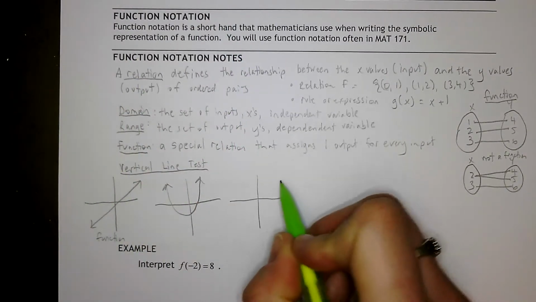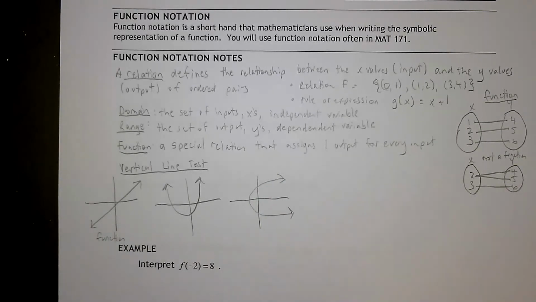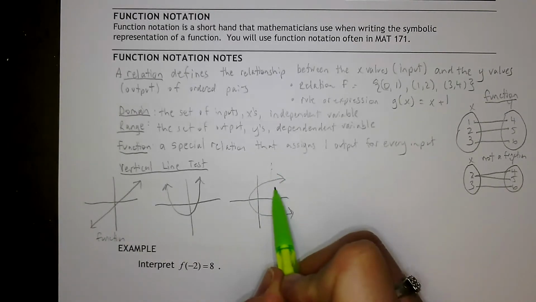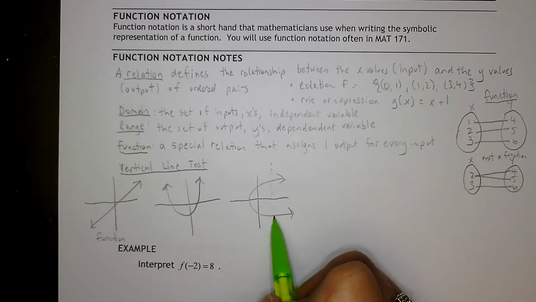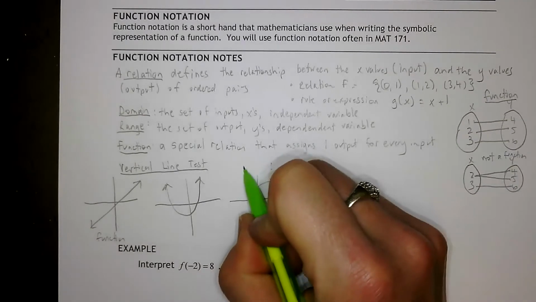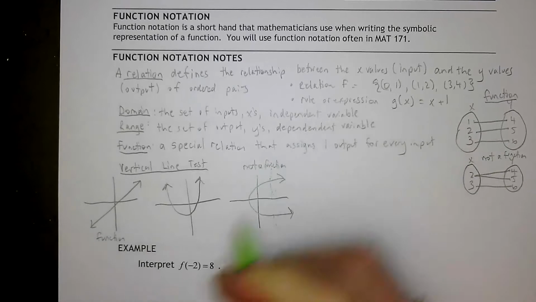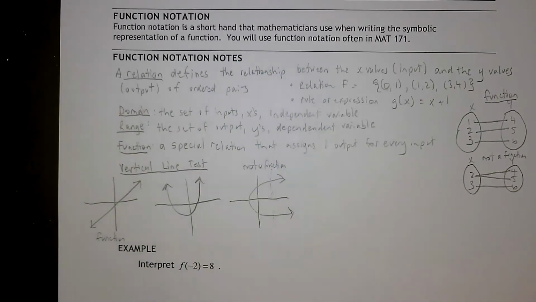Now, if we have a parabola in this direction, look at this. Here's my vertical line, and it is touching the graph twice. It is a relation, but it is not a function. So this is how we use the vertical line test.